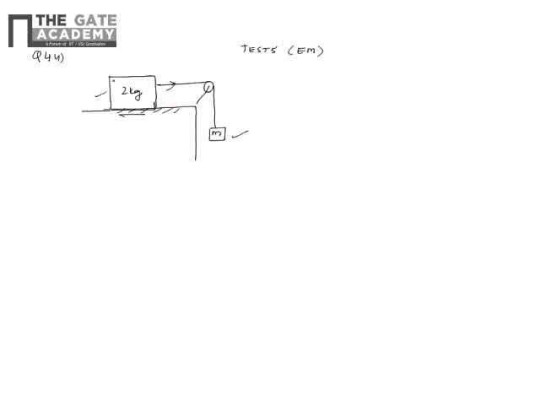So if I take this 2 kg, this is the tension and you have the friction, let's say F, and you have the normal reaction N and the weight of the 2 kg, so 2 into g. So now the maximum value of m such that the blocks do not move means, if I add just a small 0.1 gram to that, it will start moving.